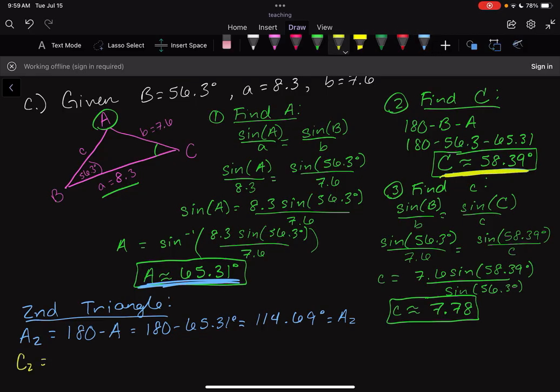So to find C2, I'm going to do very similar to what I did to find C. I'm going to do 180 minus B, which is what they gave me, and all that information stays the same, minus A2. So the only thing that's changing is instead of the 65.31, I'm going to put in 114.69.